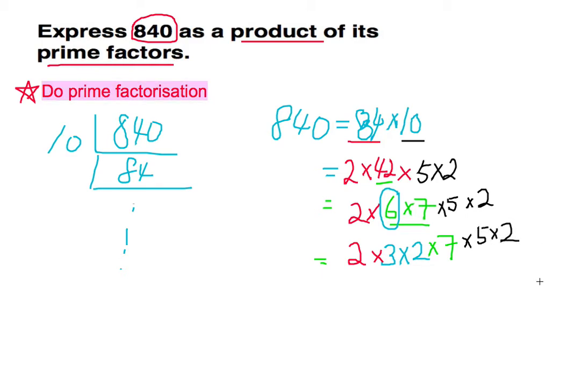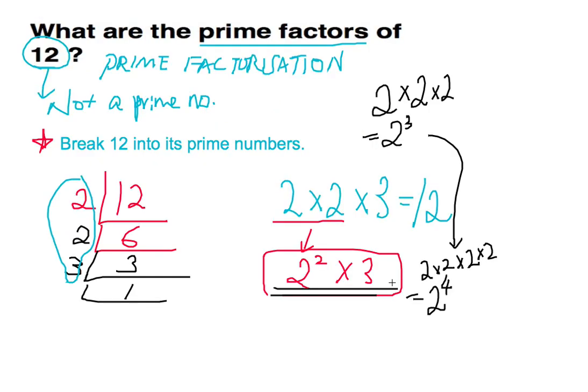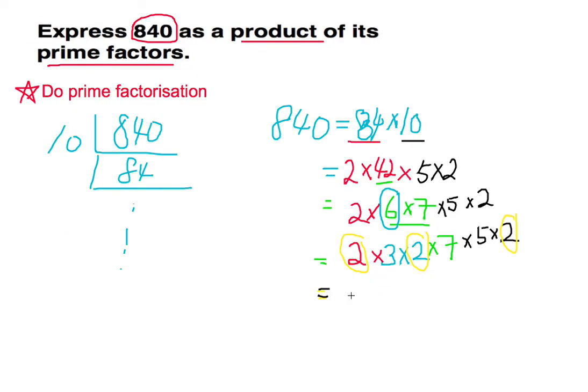So now we want to do a little bit of rearrangement. As you can see, we have 3 twos here, so we will merge them up like we did just now. Just now we had 2 twos, now we have 3 twos, so it's 2 to the power of 3.